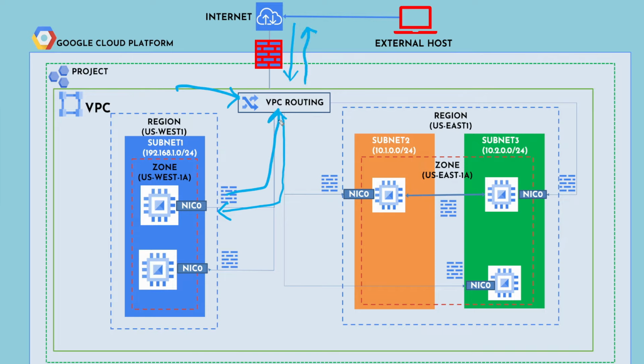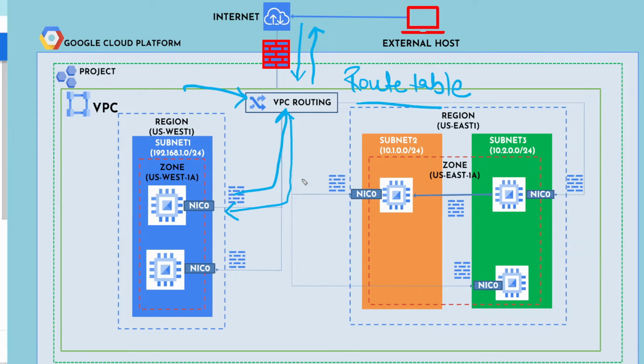This all will be defined with the help of VPC routing, and entries would be created in the route table for the same. We will have a look at this routing in the next video where we'll be discussing VPC peering. Let's head over to the demo and see everything in action.